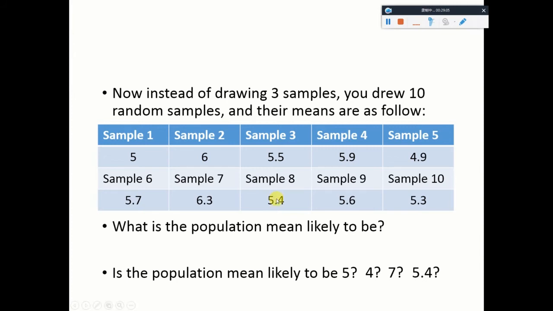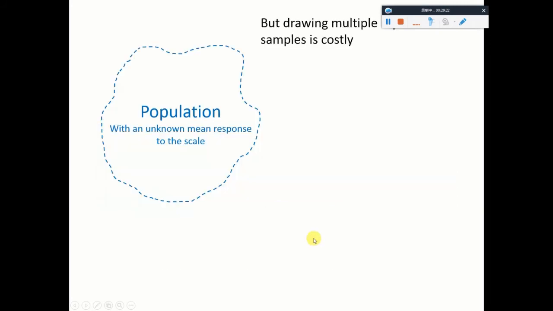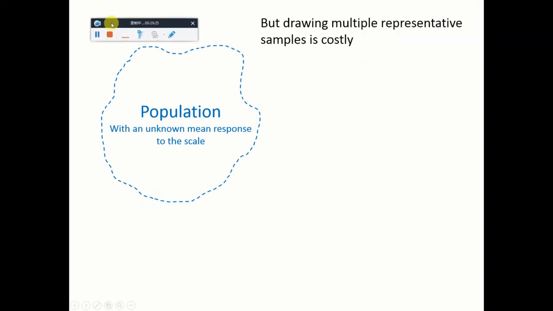That is, we're always making some kind of guesses from many pieces of information, and we'll be evaluating our confidence about a guess based on sample information. All right. So far, we've been drawing multiple samples from a population whose features are unknown.